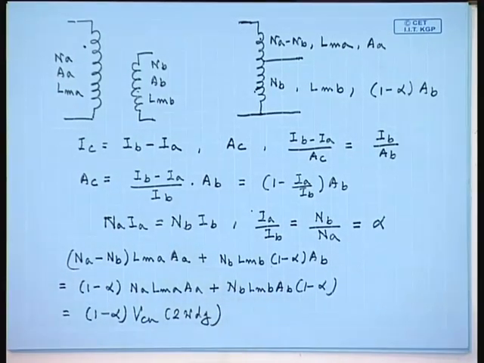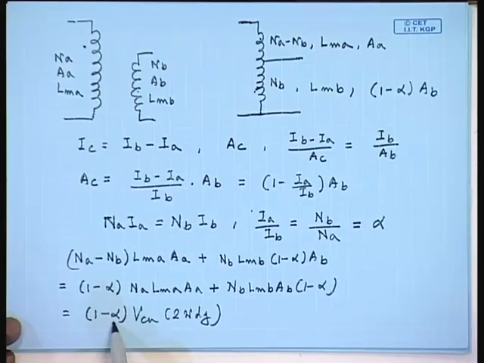Hence, we see that for the same kVA rating, the auto transformer will give lower losses as well as use lower copper volume. However, as we have mentioned in the beginning, it will not provide electrical isolation between the two sides.